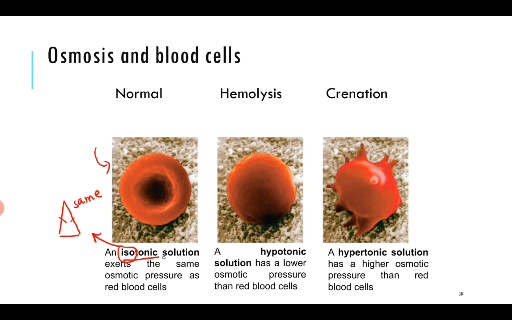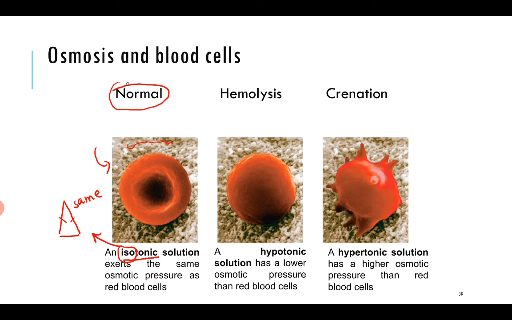An isotonic solution means that the outside solution, outside the cell, has the same osmotic pressure as inside the cell. And so there's no flow in or out of the cell from the water molecules surrounding the cells. And that's what you want.